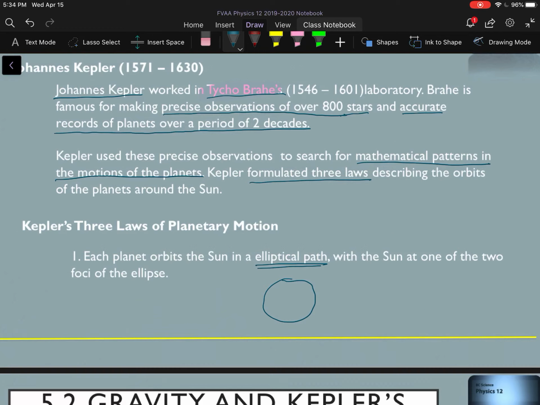They're more of an ellipse shape, with the source of the gravitational pull that's keeping the object in orbit at one side or the other side of this oval shape, at one of the narrow ends.